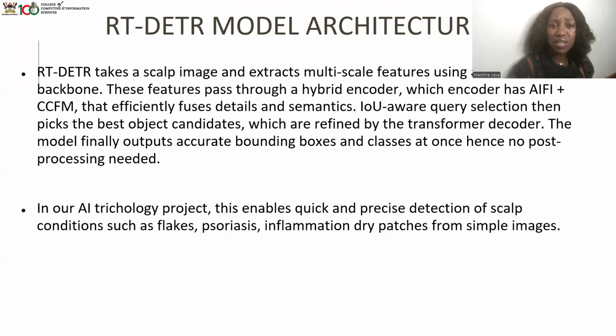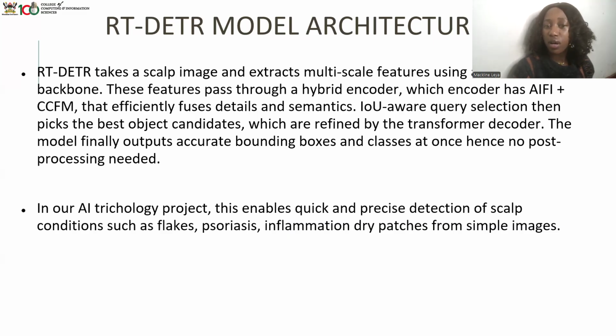So from that, we say that the real-time detector takes a scalp image and extracts multi-scale features using the backbone. These features pass through the hybrid encoder, which has the AIFI, that is the attention intrascale feature interaction, plus the cross-channel fusion module that efficiently fuses details and semantics.